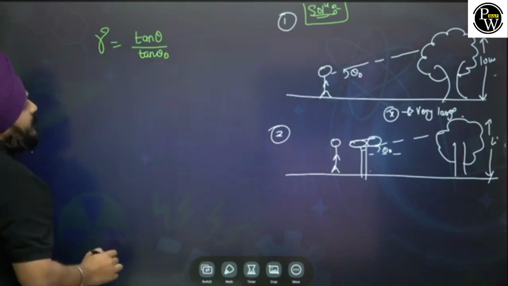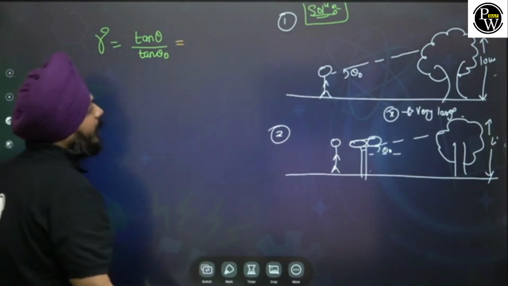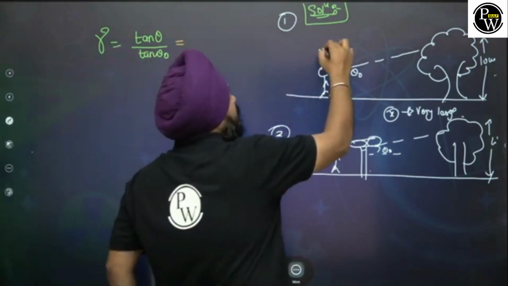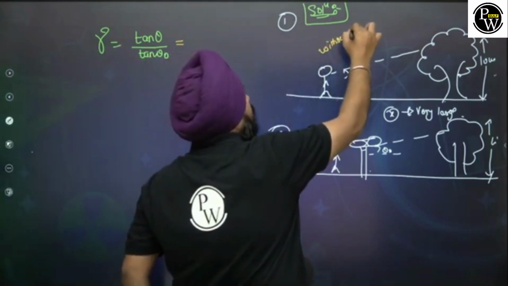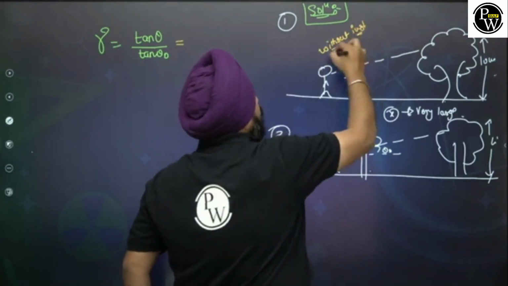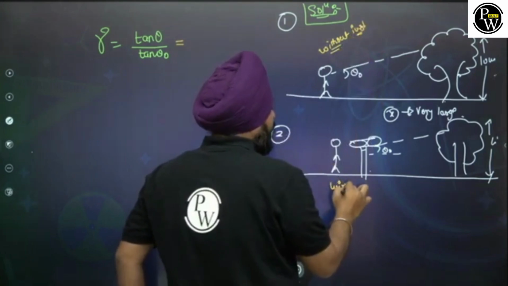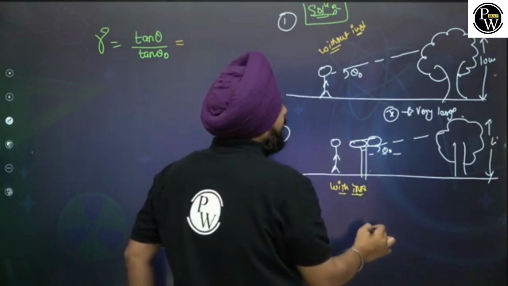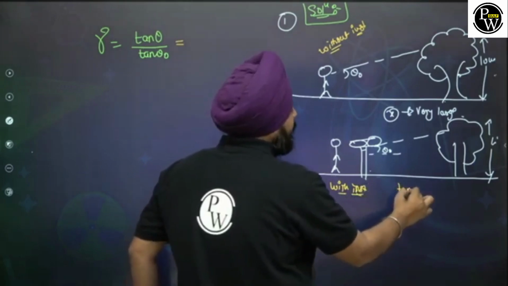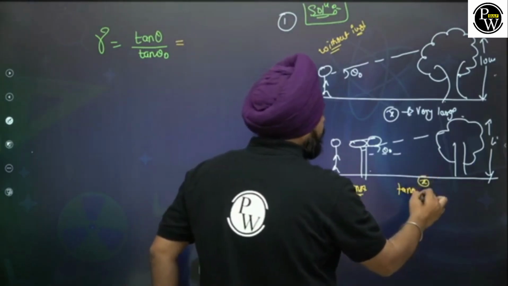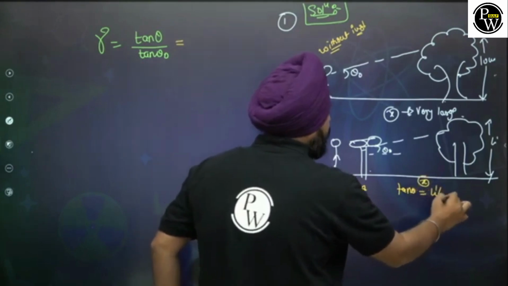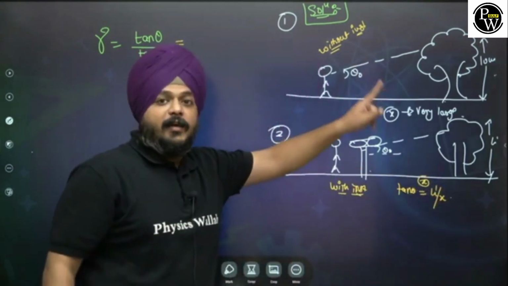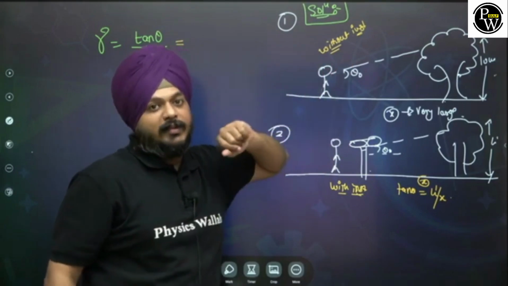For the situation with the instrument, the angle is theta. So tan theta equals h dash by x, where again the distance is x, a very large distance.